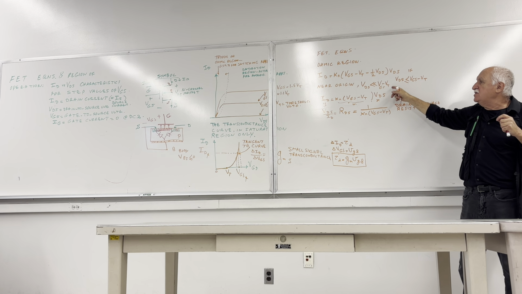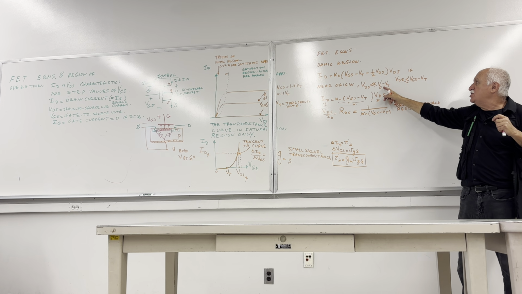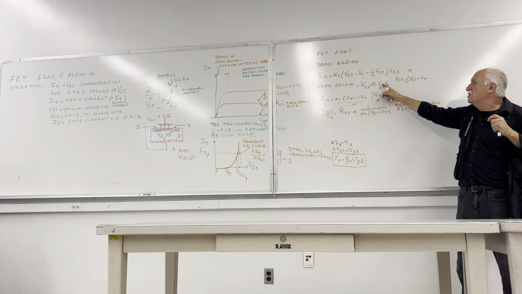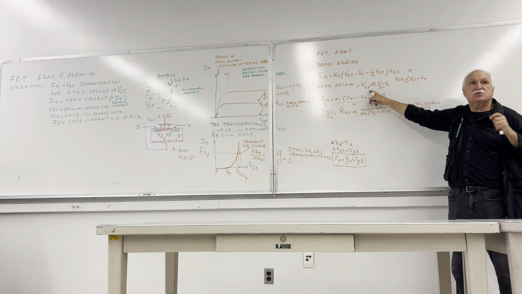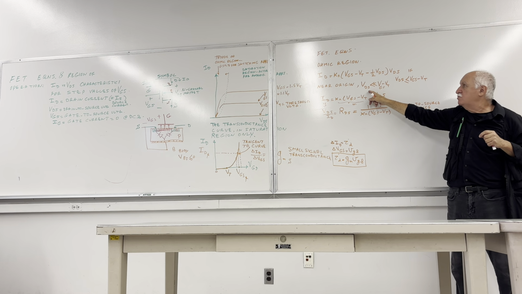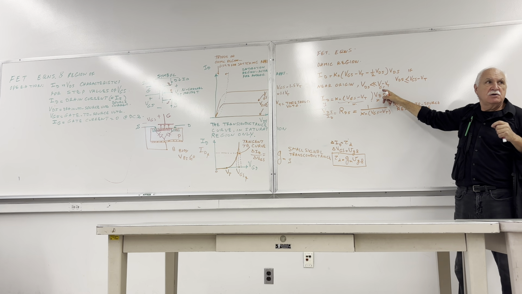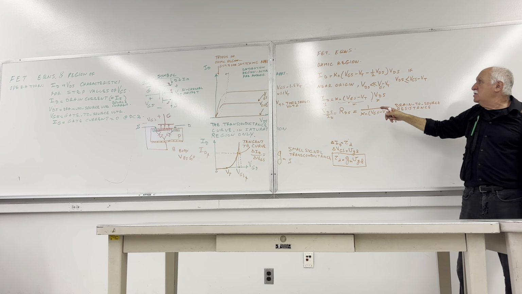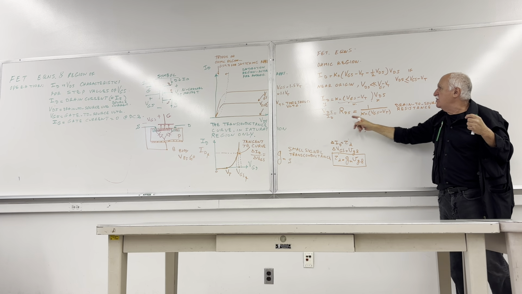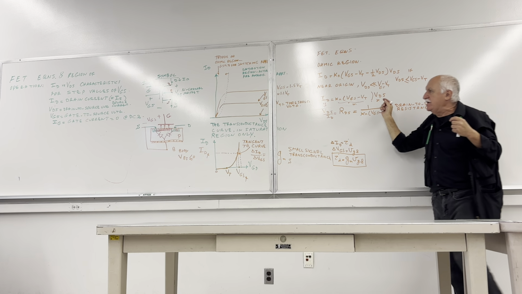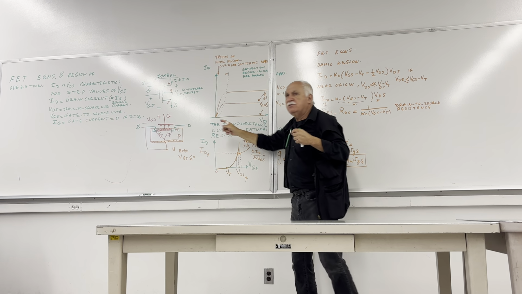For example, if VT is 1 volt, VGS is 3 volt, and your drain to source voltage is 0.1 of a volt, 0.1 is much, much less than 3 minus 1. Then automatically the link between ID and the VDS will be a line, like a resistor.